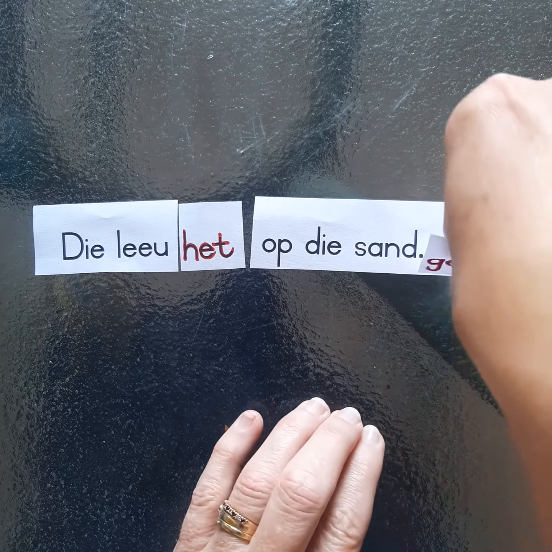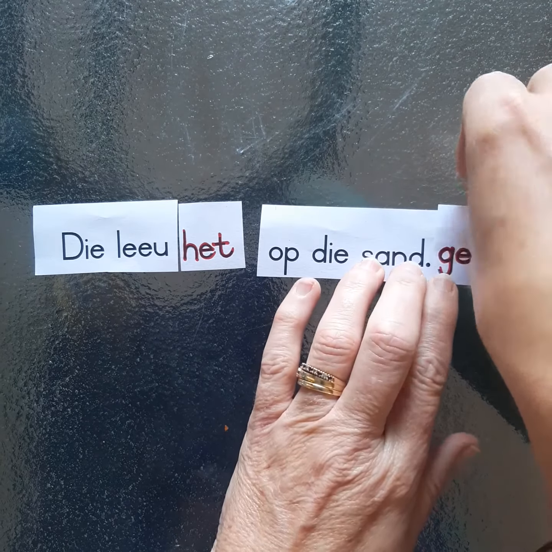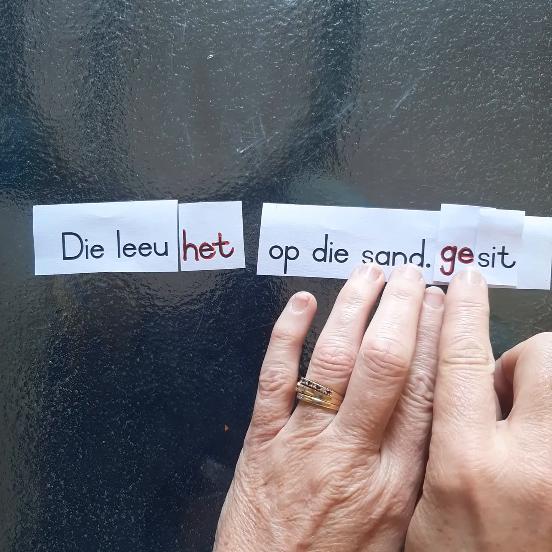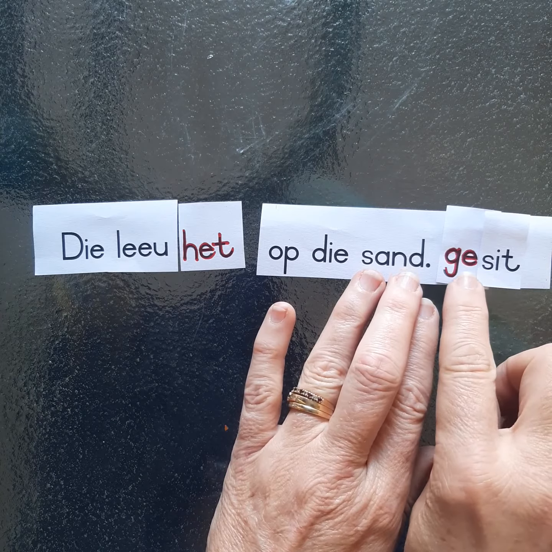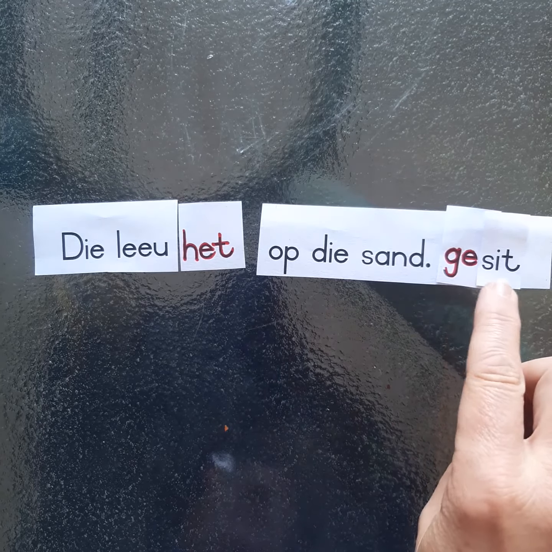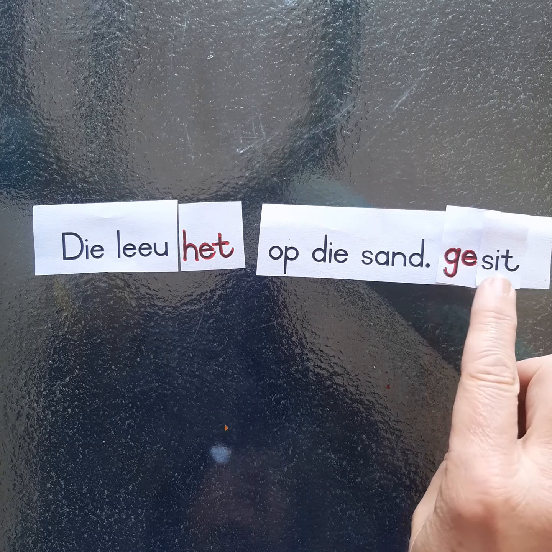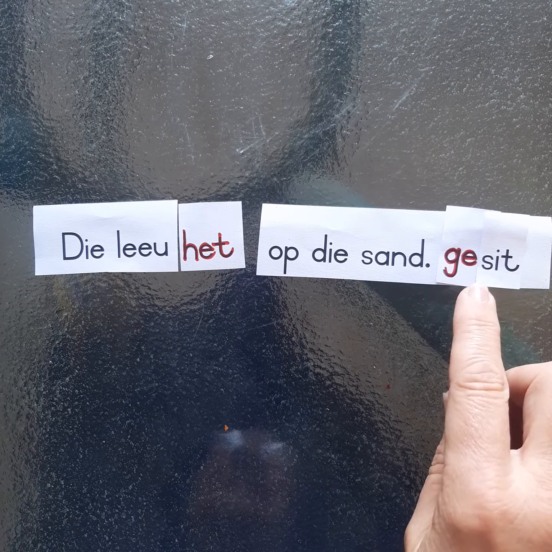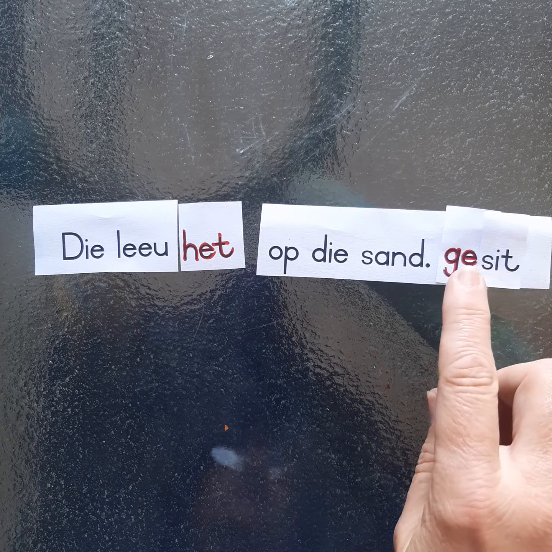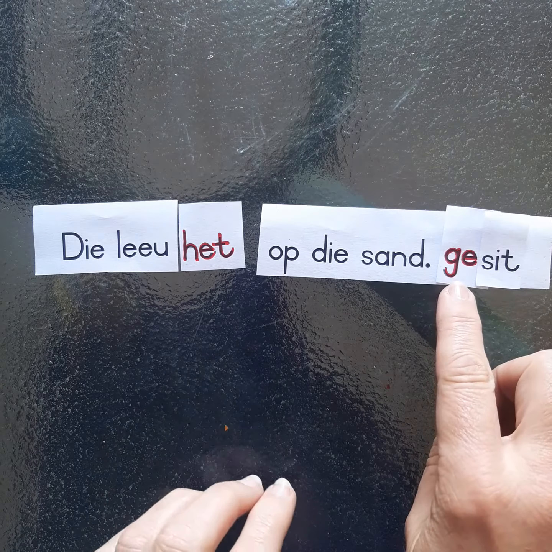And when we do that, the word is gesit. Gesit. We add the G and the E to the verb. Gesit. In English, we normally add an ED to the end of a word. But in Afrikaans, we add the ge.